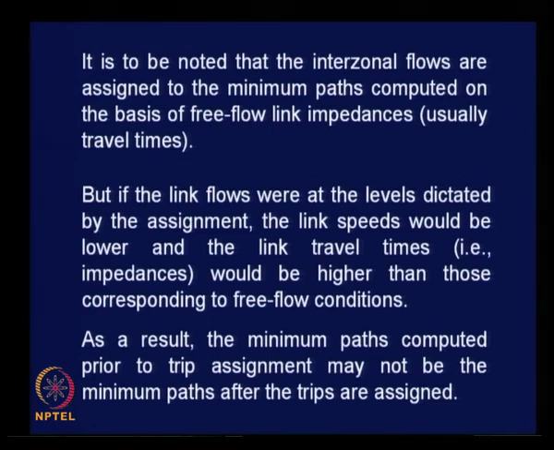You just consider a zonal pair, identify the minimum path tree, assign traffic, let us say based on the all or nothing assignment technique. Once you assign traffic, a set of links are loaded with traffic volume. And when you take another zonal pair and assign traffic, some of the already loaded links will also come into the minimum path of the other pair, it is likely.